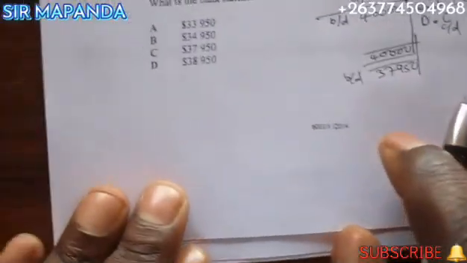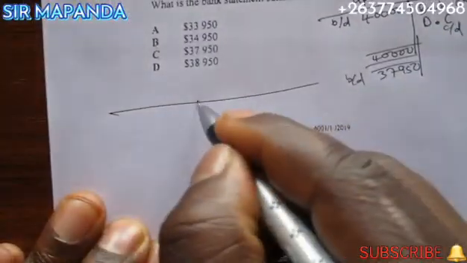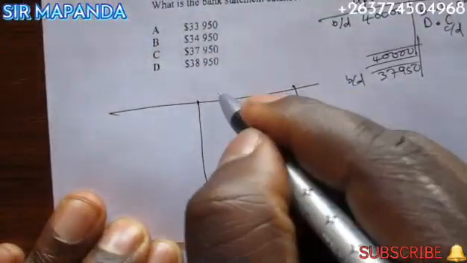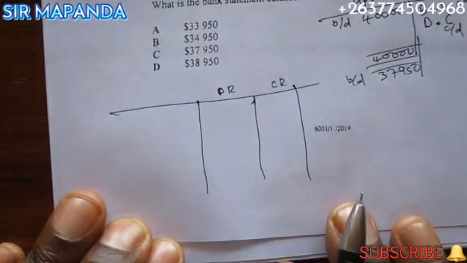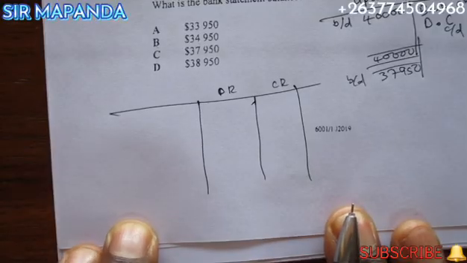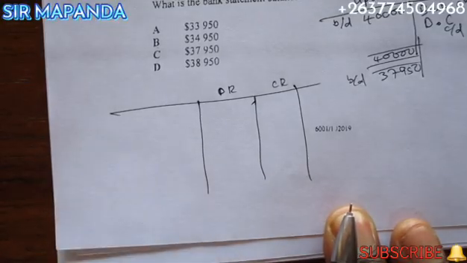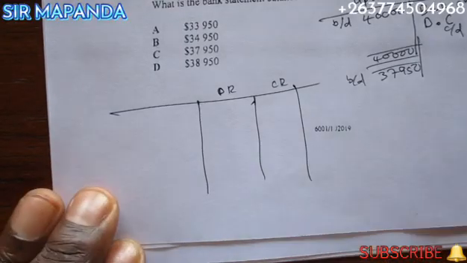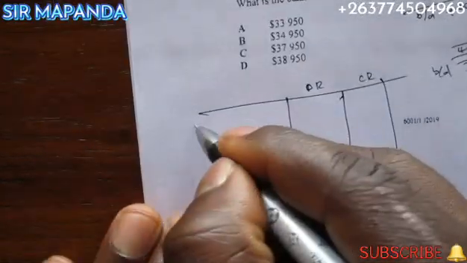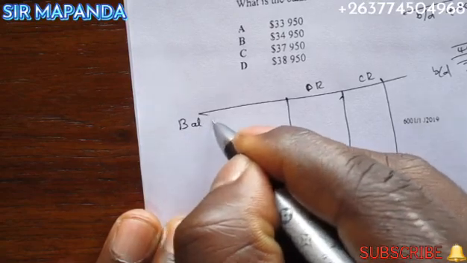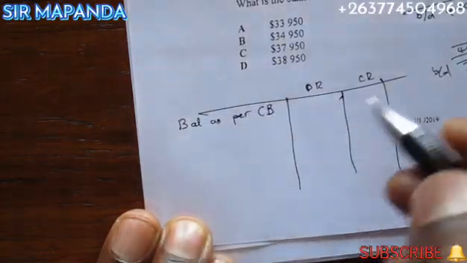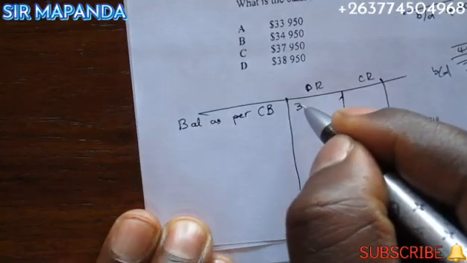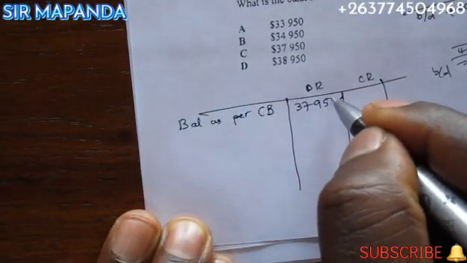Right. So after that, I need to prepare the bank reconciliation statement. I normally use this format since it will then tell you whether the balance by bank statement is on the debit side or on the credit side. Right. So here I'm going to start with the balance as per cash book. This is going to appear on the debit side, 37,950.